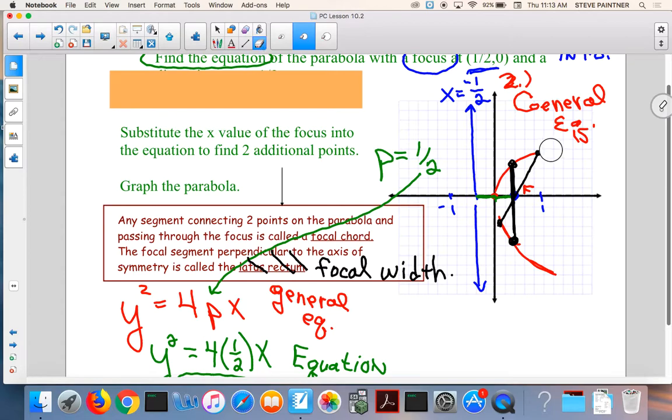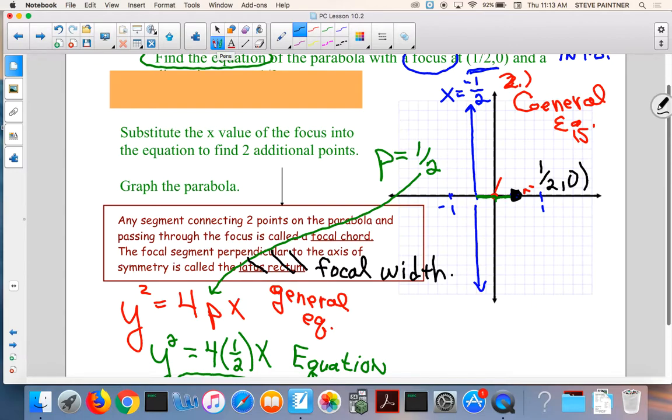I'm going to kind of erase this mess now, because we really don't know what the parabola looks like. So what's the focus again? 1/2, comma 0. And you should know if you plug in 1/2, you're going to go up or down, however high you have to.